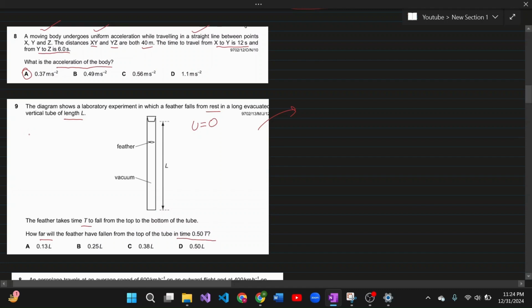Okay, so now we know that u is 0. There is a vacuum noted here, so g would be 9.81.